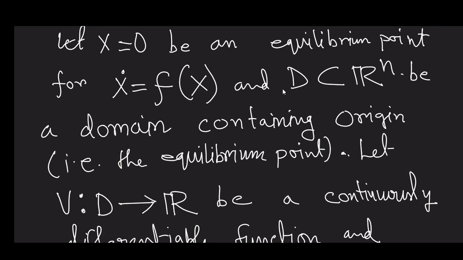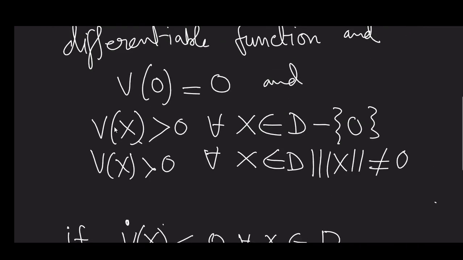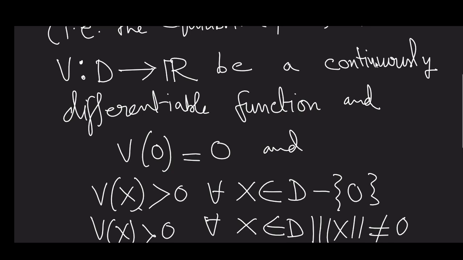Let V be a continuously differentiable function, and now it is your job to check whether a continuously differentiable function is Lipschitz continuous, or Lipschitz continuity is a stronger condition than continuous differentiability, or vice versa, or one implies the other. Which one is the case, you may investigate.